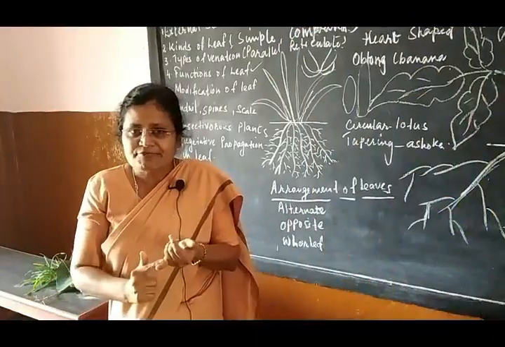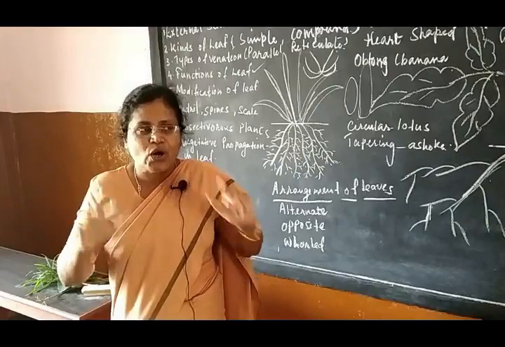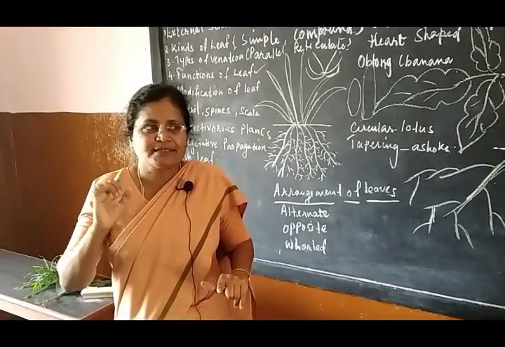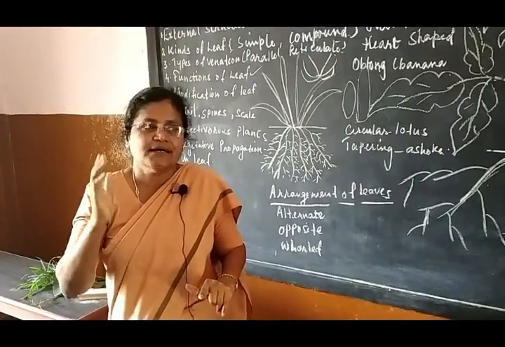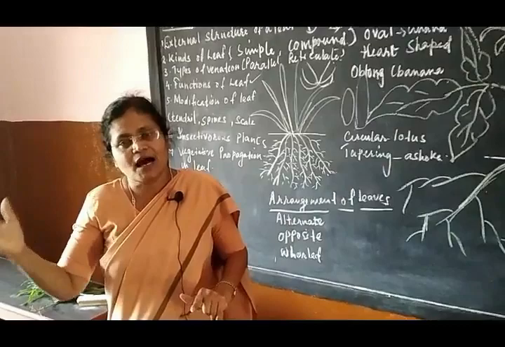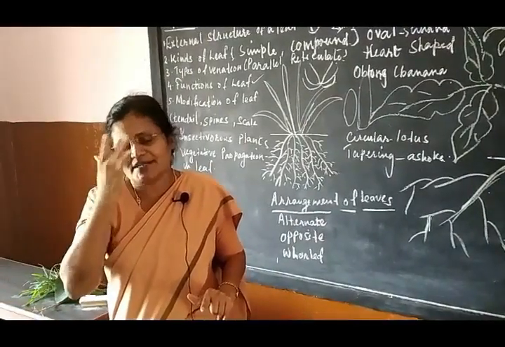Now this Venus flytrap and pitcher plants are not present in and around our place. The pitcher plants are mostly present in Meghalaya, in the Khasi Hills, Jaintia Hills, Garo Hills, certain parts of Assam.